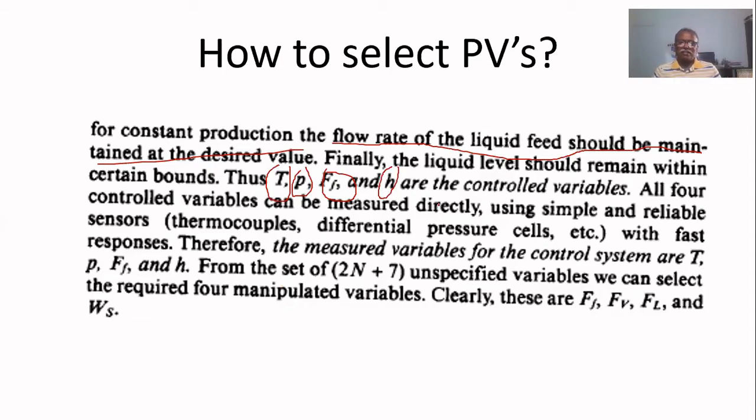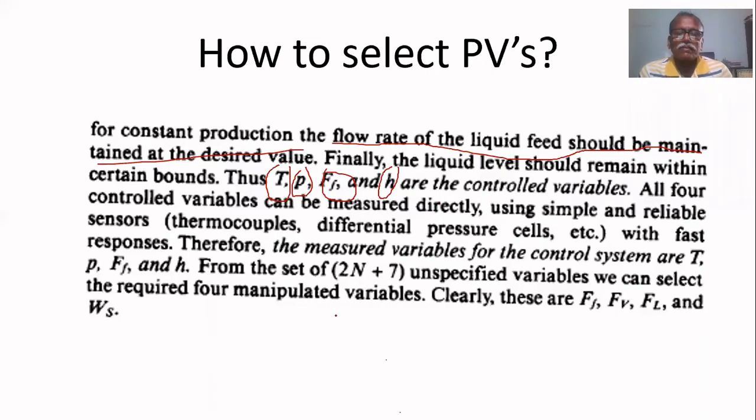Is it possible? Then we have to see whether we have to go for inferential control. Yes, temperature can be easily measured. Pressure can be easily measured: the pressure sensor will sense and the pressure transmitter will transmit that value. Then feed flow rate can be measured, and level can be measured. All four controlled variables can be measured directly using simple, reliable sensors, thermocouples, differential pressure sensors.